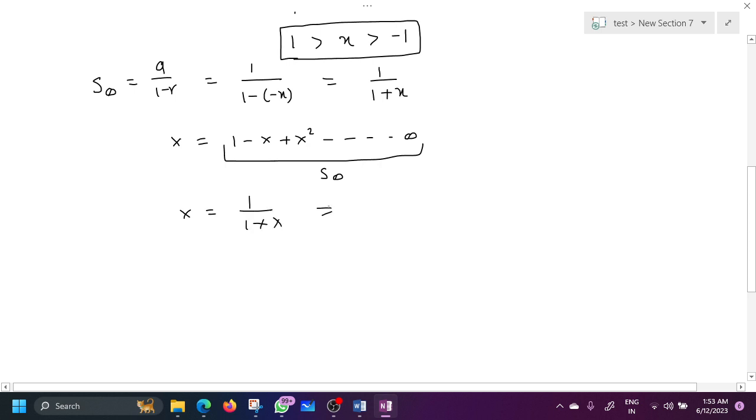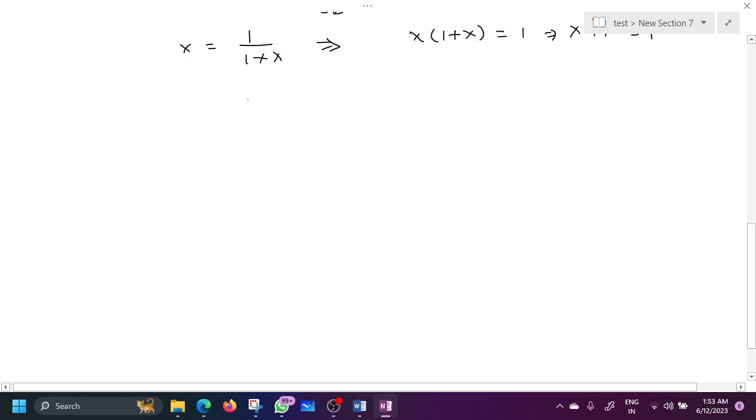So from here we have x times 1 plus x is equal to 1, or x plus x square is equal to 1, or you have x square minus x plus 1 is equal to 0.